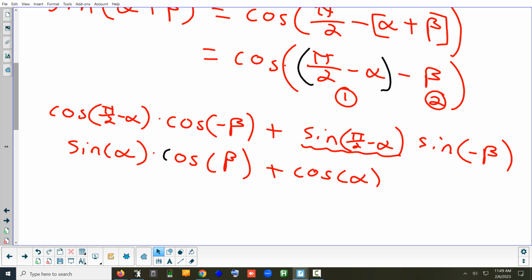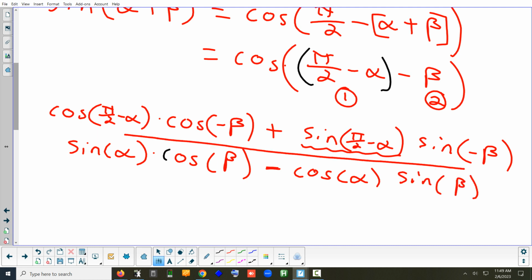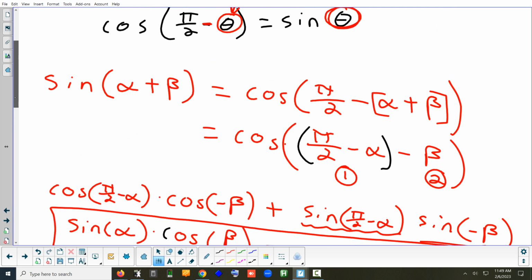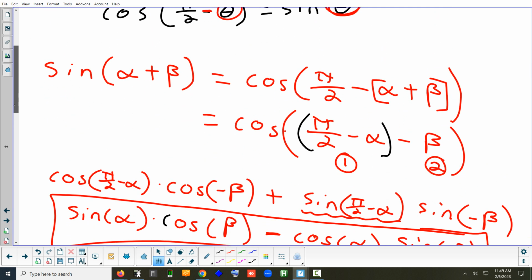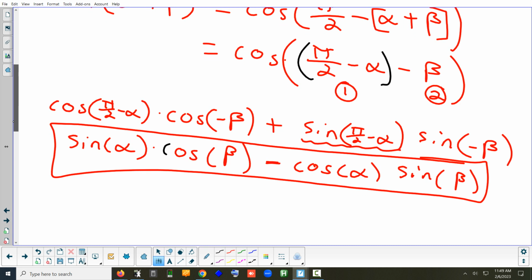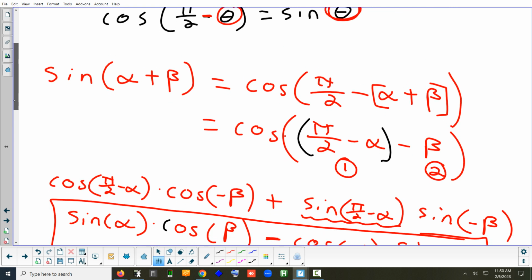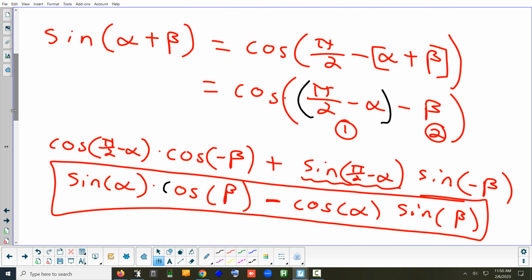And then what about this negative in front of the beta? Bring it to the front. And that is the sine sum. Let me just make sure that there are no errors. Everything's good except this.